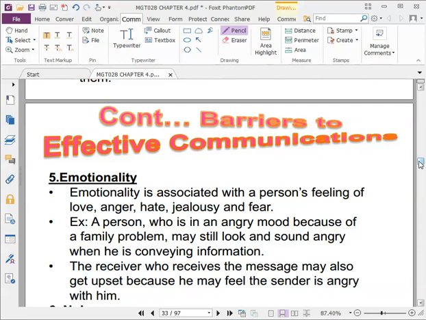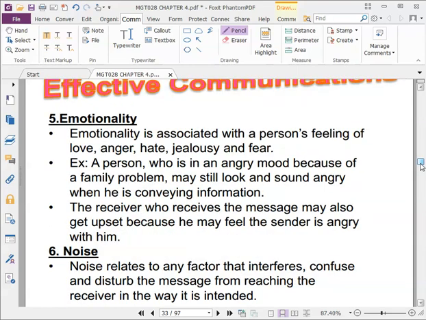For example, the person who is in an angry mood because of a family problem may still look and sound angry when he is conveying information. The receiver who receives the message may also get upset because he may feel the sender is angry with him. Okay? Kadang-kadang kita terbawa-bawa dengan perasaan kita.